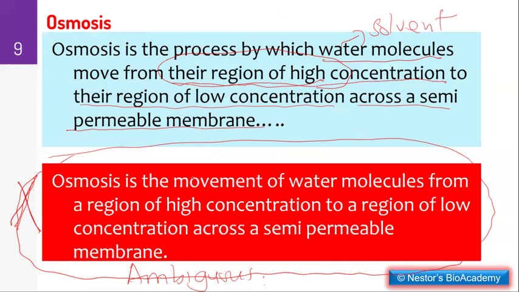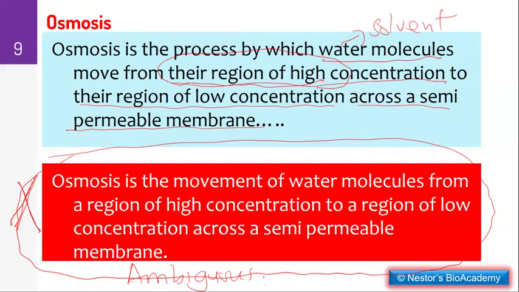You can also define osmosis as the process by which water molecules move from a dilute solution to a concentrated solution across a semi-permeable membrane. It still brings out the same meaning because in a dilute solution, the water molecules are at a higher concentration, and in a concentrated solution, the water molecules are always at a low concentration.